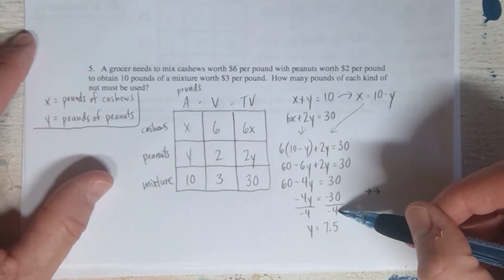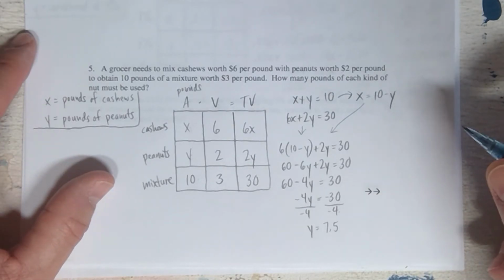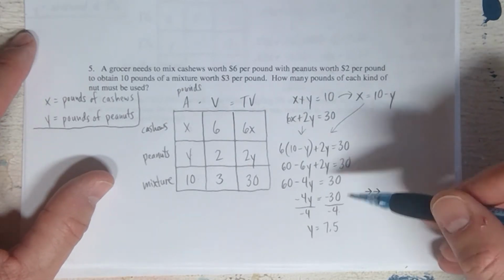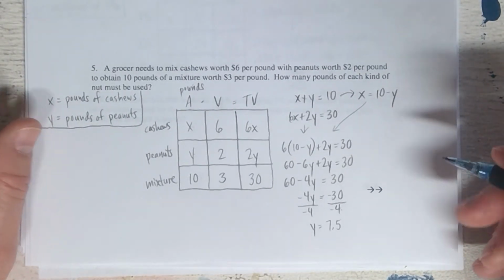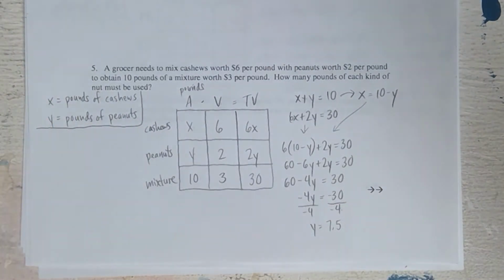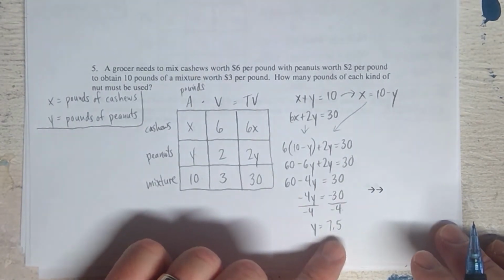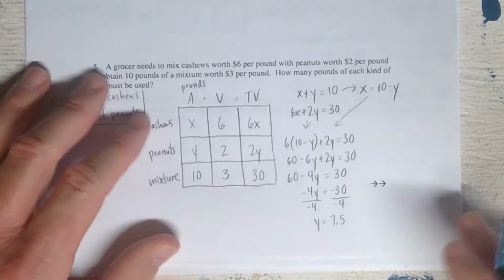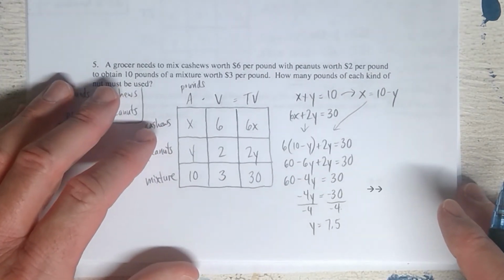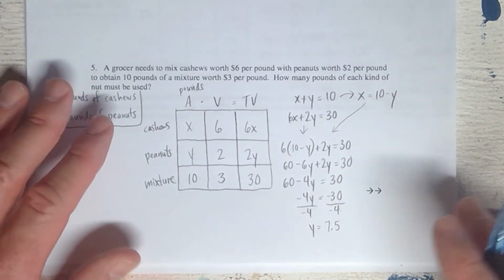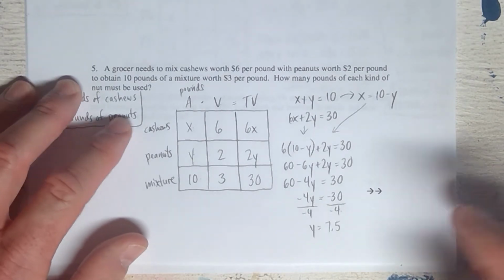But you don't normally walk up to somebody and say, I'm going to buy 15 halves pounds of peanuts, right? You normally would say, I'm going to buy 7.5 pounds of peanuts. That is a little bit more realistic, right? And so that's why I put it in decimal form right there.